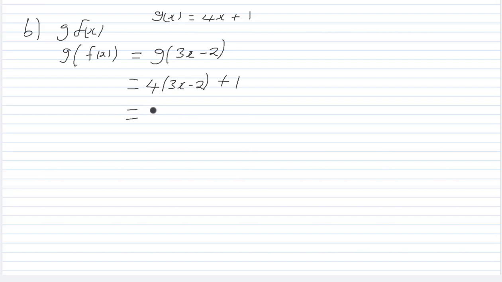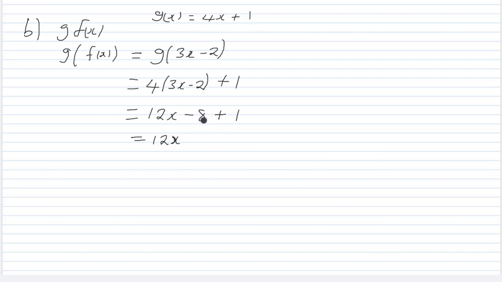So we have 4 times 3x, that is 12x. 4 times 2, that is 8, so minus 8 because this is negative here. Then plus 1. You see, 4 is not multiplying with 1, so you write it the way it is. Then 12x is alone. There's no other term that has an x. But these two are like terms, so we can add them.